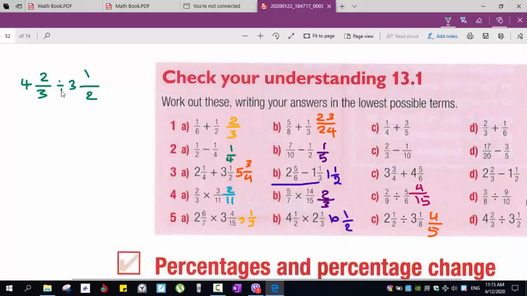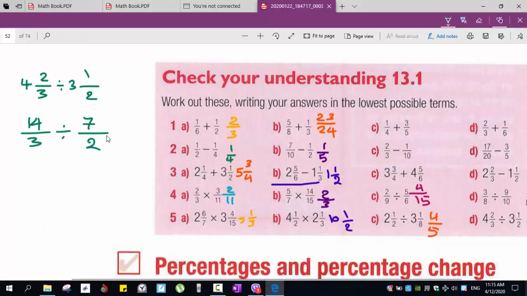Okay. Reduce into an improper fraction here. 4 times 3 is 12 plus 2, 14 over 3, divided by 2 times 3 is 6 plus 1, 7 over 2.